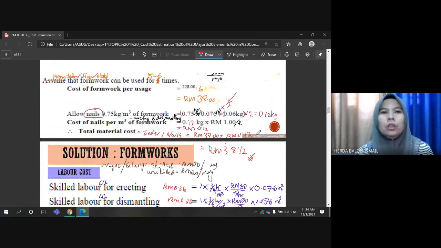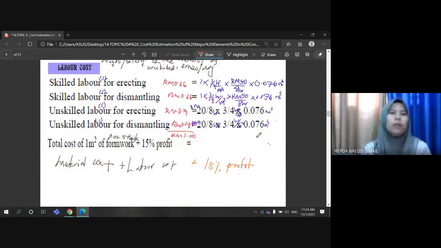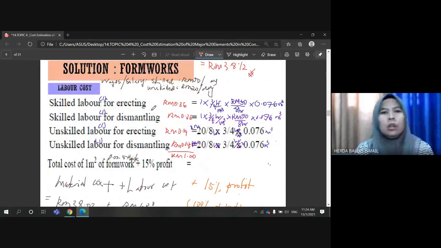So, moving to the second part of the element, which is labor cost. We know that the salary of skilled labor is 50 ringgit per day and unskilled labor is 20 ringgit per day.